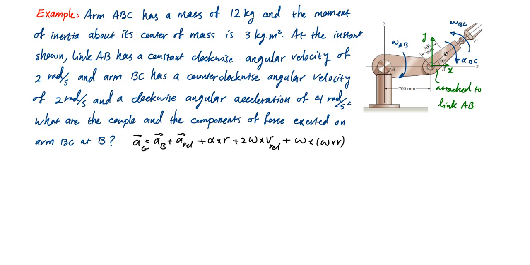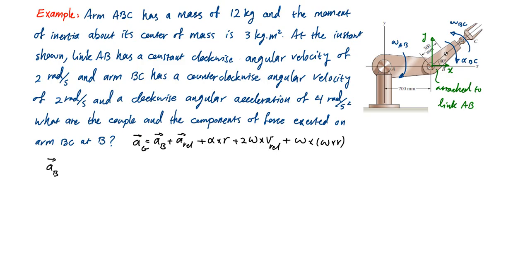So acceleration of point B, well, point B is on link AB. What do I know about link AB? I know its angular velocity, and I know that angular velocity is constant because I'm told that link AB has a constant clockwise angular velocity. So two things I know, angular velocity is given and angular acceleration is 0.